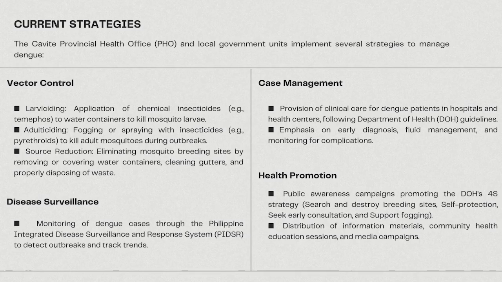Lastly, in health promotion, Cavite does public awareness campaigns promoting the DOH 4S strategy, which are search and destroy breeding sites, self-protection, seek early consultation, and support fogging, and distribution of information materials, community health education sessions, and media campaigns.